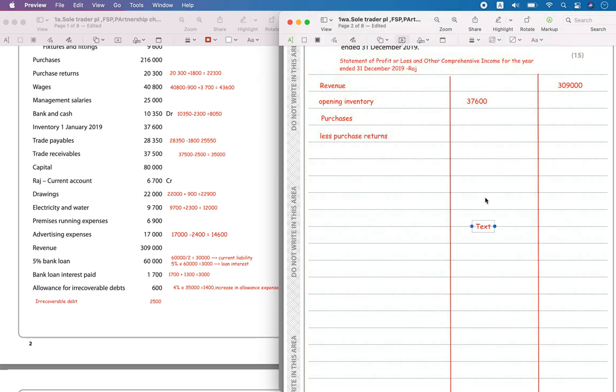Here there were changes and errors, so we have adjusted it. The purchase returns is around 22,100.